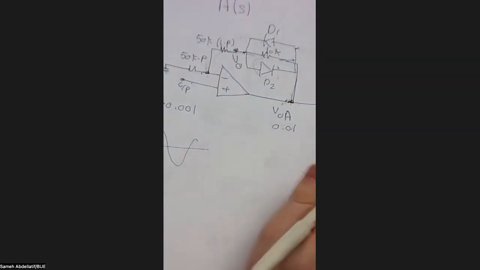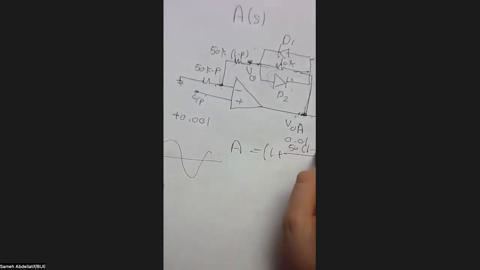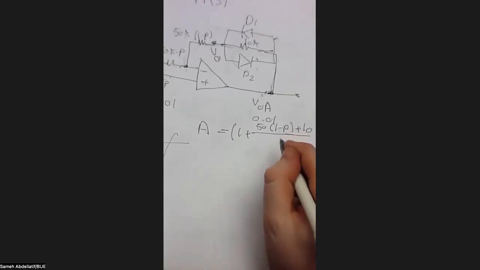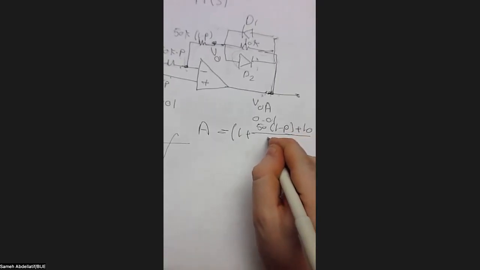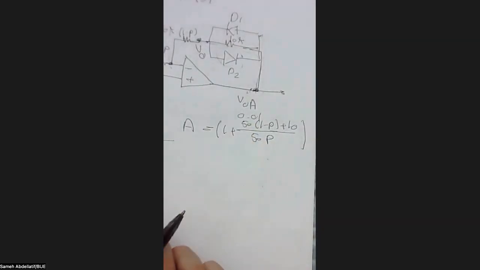As you basically know, the gain here, the A gain, will be 1 plus the feedback resistance, which is 50 times 1 minus B plus 10K, over 50 times B. So this is typically the gain when these two diodes are reverse biased. So this typically will be the gain.